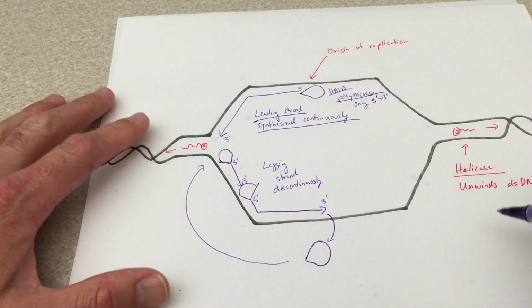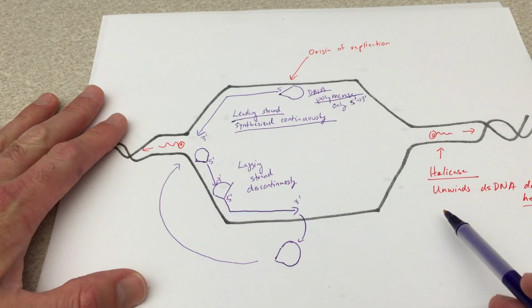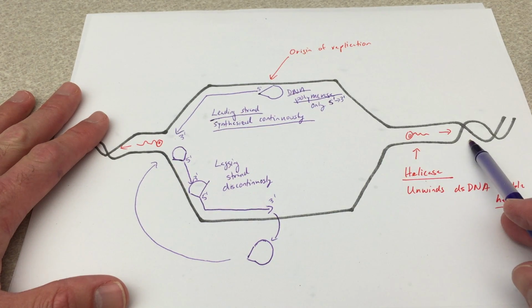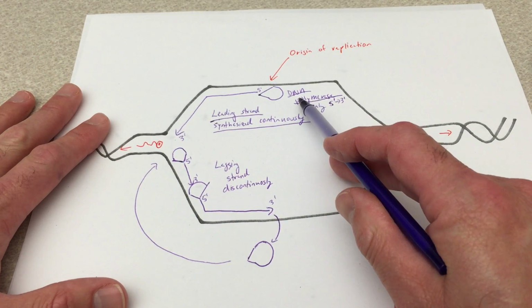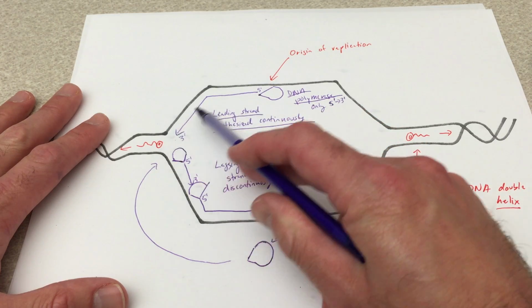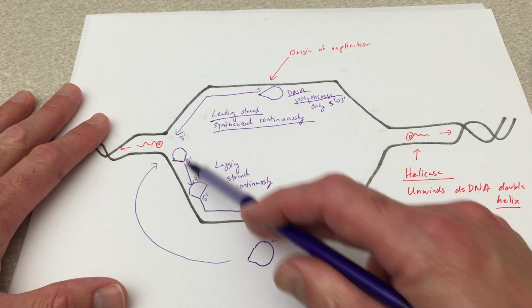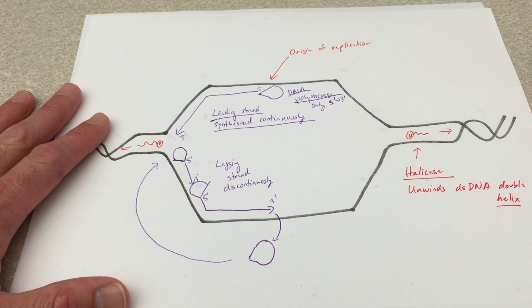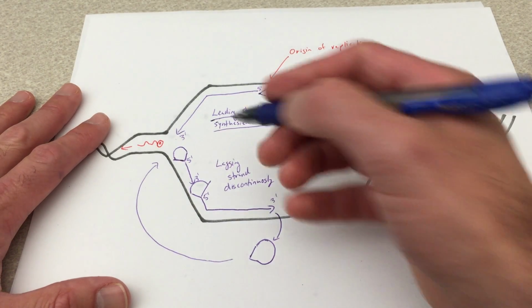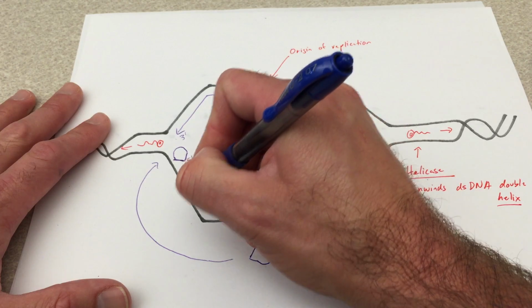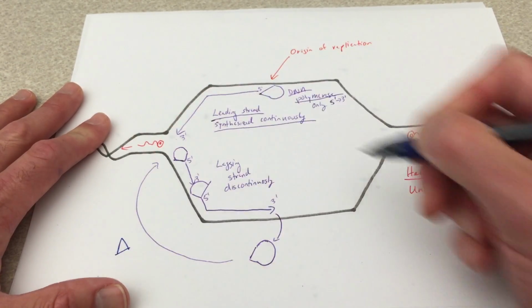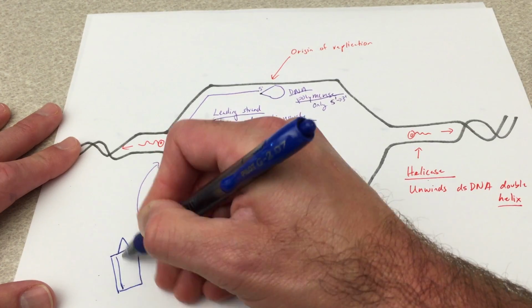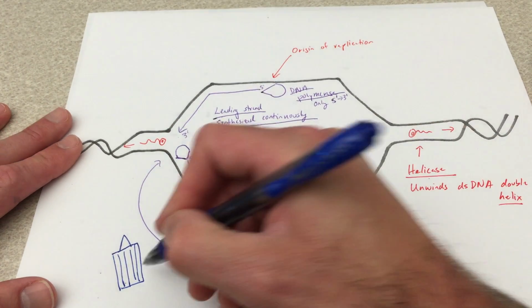All right, so we have identified two enzymes, helicase, which unwinds the DNA, DNA polymerase, which lays down the new strands, the leading and the lagging strand, and then there is a third enzyme called DNA ligase, which I will draw like glue, all right?